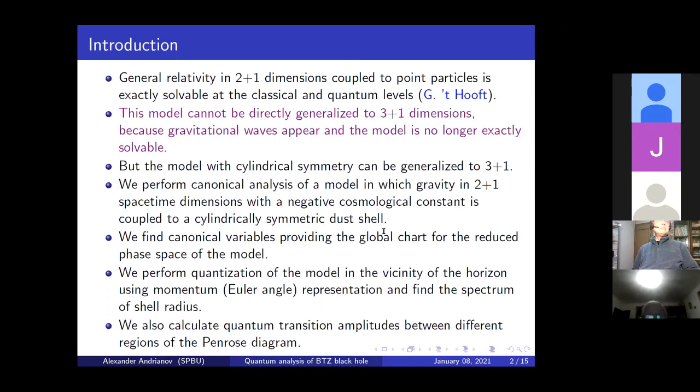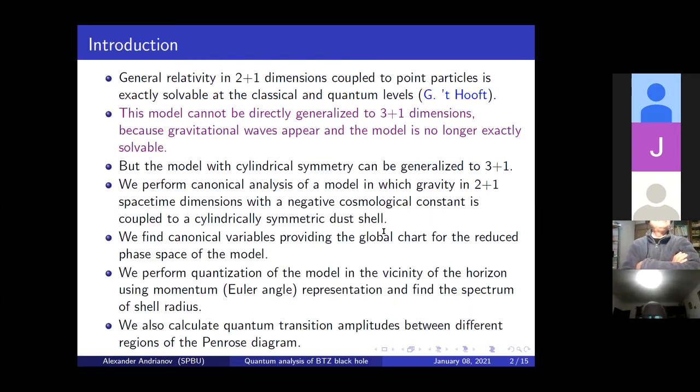But if a model with a cylindrical symmetry is considered, it can be generalized also to 3 plus 1. I will not tell anything about 3 plus 1, but let us find non-trivialities and subtleties with 2 plus 1.